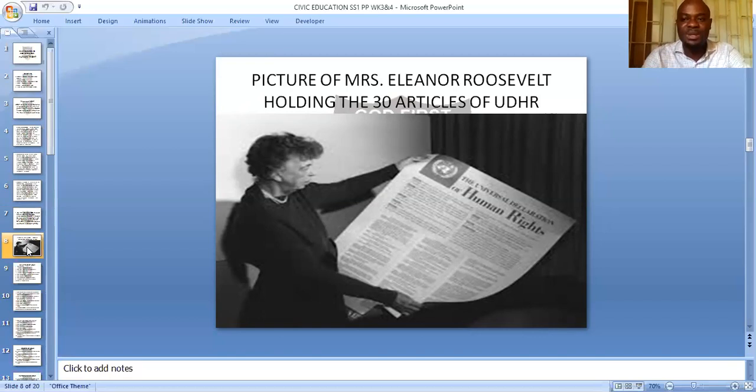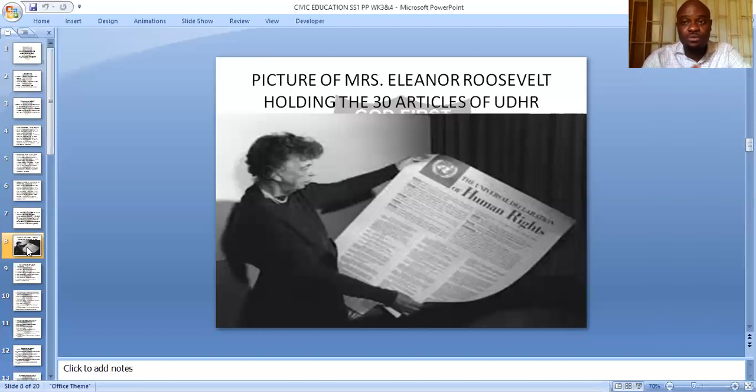But I did something anyway, because if you look at each statement of each number from 1 to 30, it's a long statement, but it has some major points. That is why in your notes I put it there that you should do research on your own and highlight the 30 articles of UDHR.